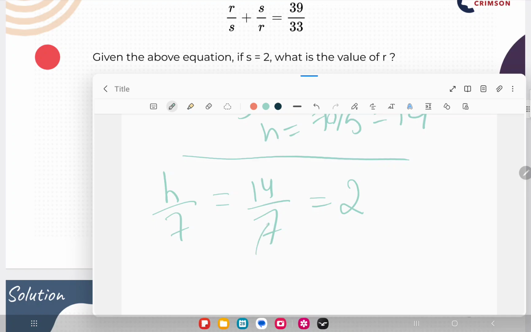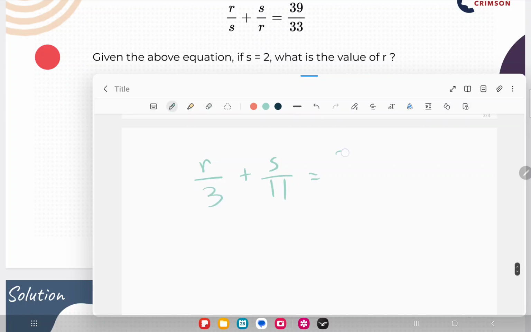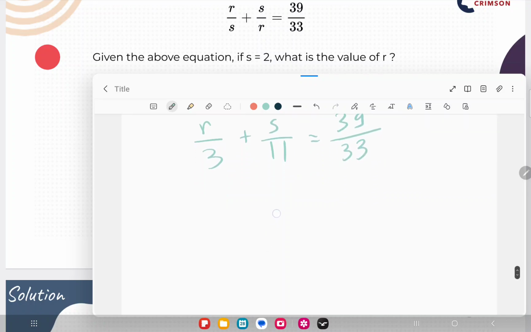Now, let us assume that this one over here is r over s plus s over r. So instead of s, I'm going to put 3, and instead of r, I'm going to put 11, is equal to 39 over 33.